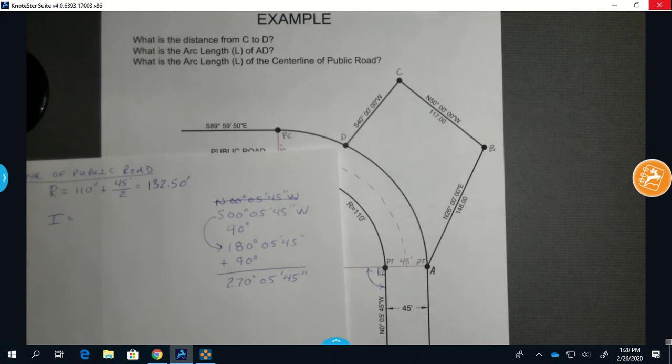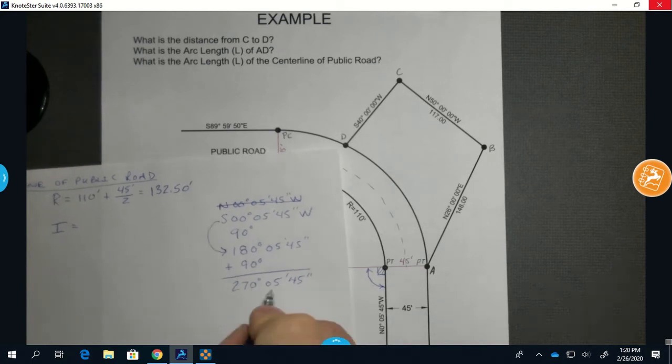Okay? This, as a bearing, is south 89 degrees, 54 minutes, 15 seconds west.